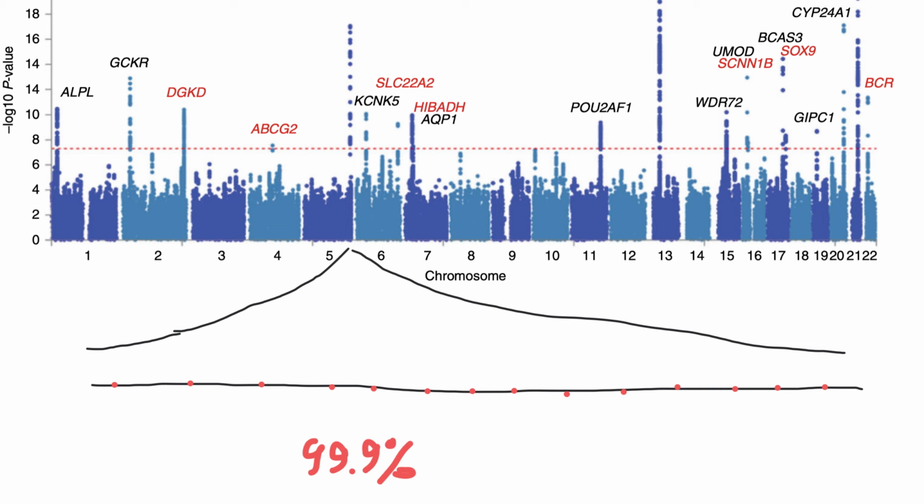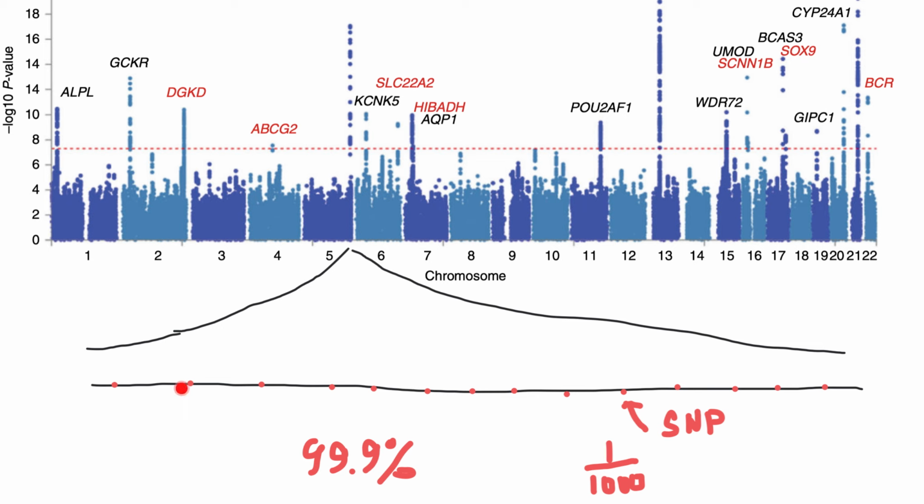And these red dots, which represent SNPs, single nucleotide polymorphisms, occur in about 1 out of 1,000 bases. So if we have a stretch of the chromosome, about every 1,000 base pairs we will find a single nucleotide polymorphism.